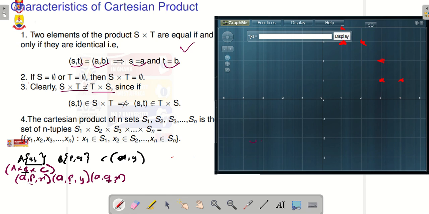So we have A pairing P and X, A pairing P and Y. Then we take A again, A pairing Q and X, A pairing Q and Y. Now we are done with A.